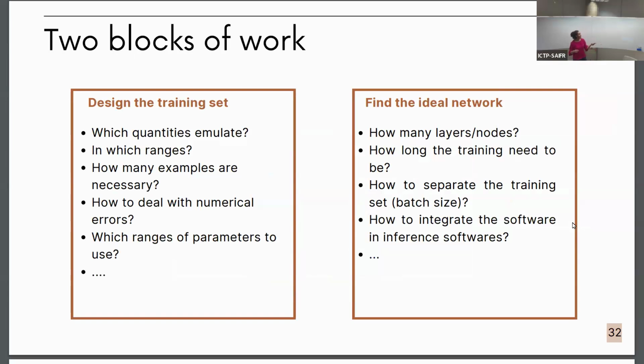The first one is to design our training set. So we need to choose which quantities we emulate, for which range of parameters, and how big our training set needs to be. And the other block of work is to find the ideal network, because there's no recipe to choose the architecture of your neural network.